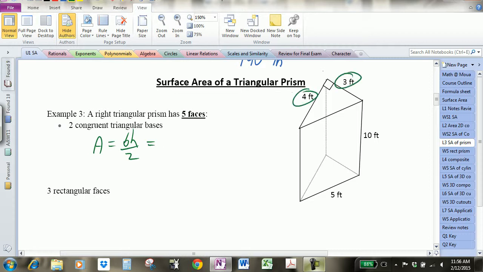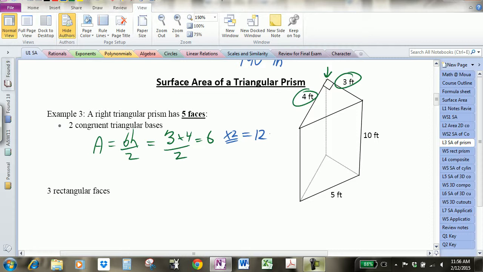And that's because they join at 90 degrees. Okay. So here we have 3 times 4 divided by 2, which is 6. Then what should we do because there's 2 of them? Times it by 2. And so we get 12. Okay, don't worry about the units quite yet.